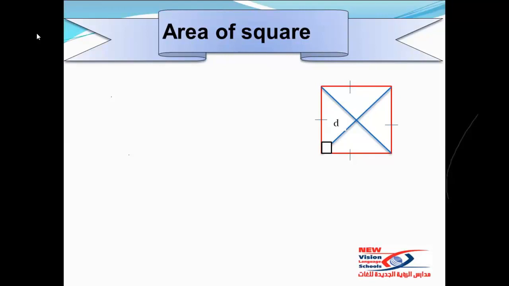This is for the area of a triangle. Square: half times diagonal times diagonal. Excellent. Fatima said if he gives us the diagonal, we use the rule half D D. If he gives you the side length, we will use side times side. Excellent.